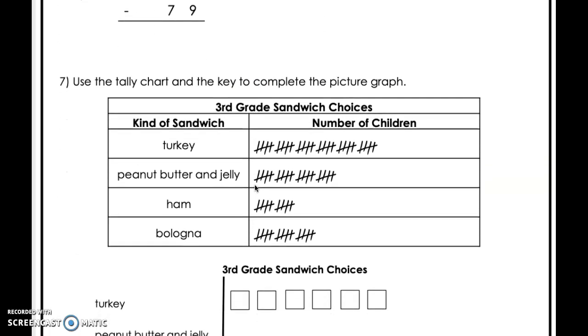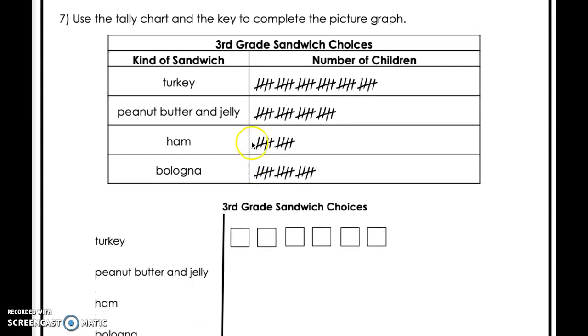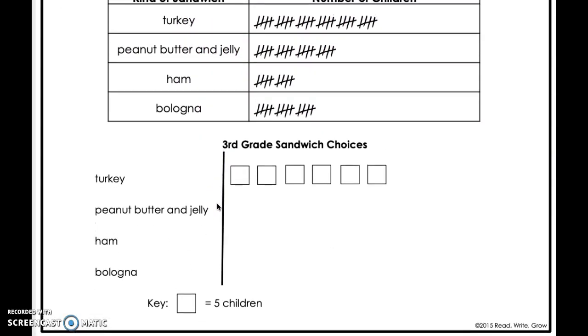Then you're going here to the tally chart, and you're going to look at this in third grade sandwich choices: turkey, peanut butter, ham, bologna. This is the number of students that like those kind of sandwiches. And then you're going to make a pictograph. Now, an important thing to look at in a pictograph is the key and what that means. So the box means 5 children.